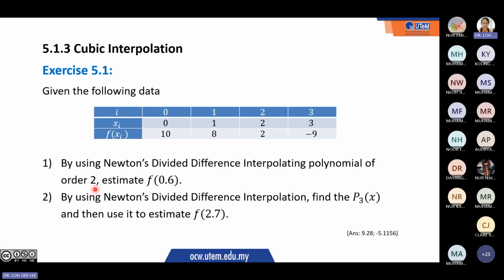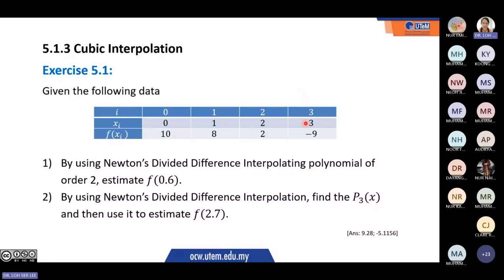So order of 2 means x squared, quadratic. How many points do we need? 3, yes. Then estimate 0.6. Now you are given 4 points.